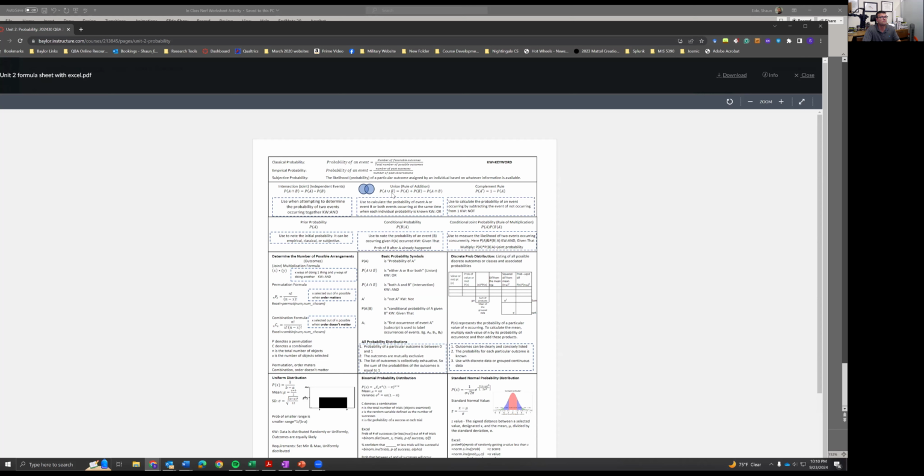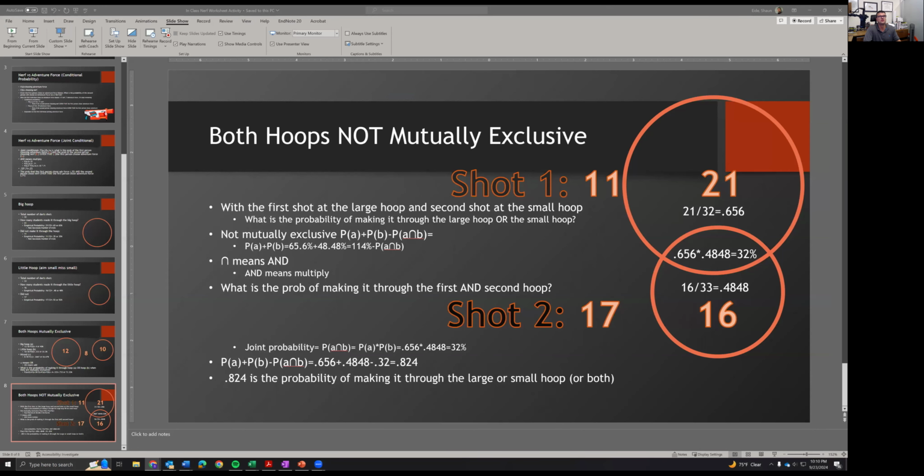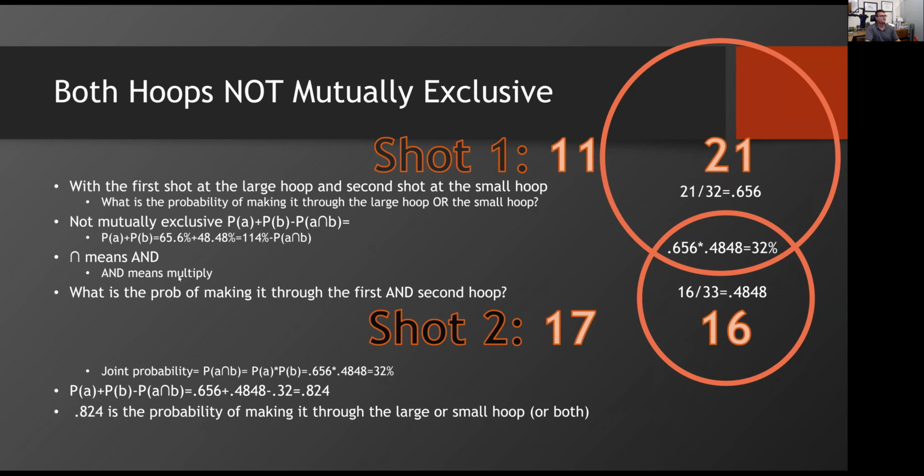Probability of A or B is the probability of A plus the probability of B minus the probability of A and B. So when you see more of an N looking thing instead of the U, that means and. So we've got the probability of A plus the probability of B minus the probability of A and B.